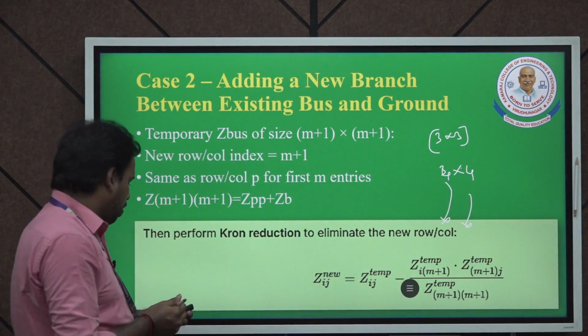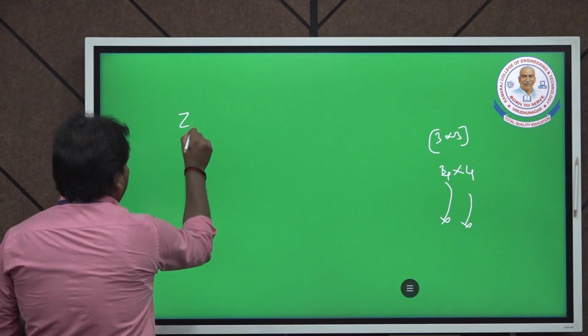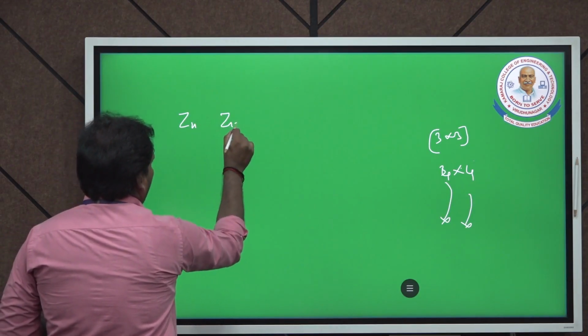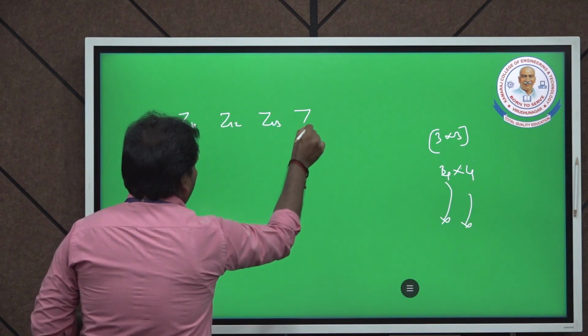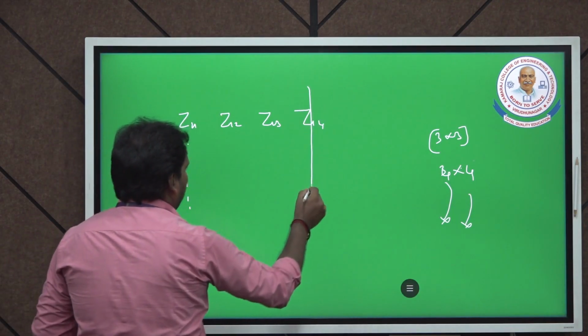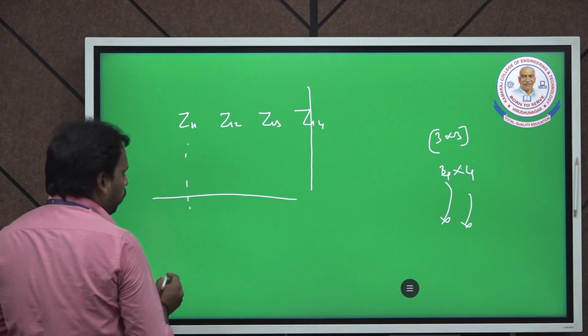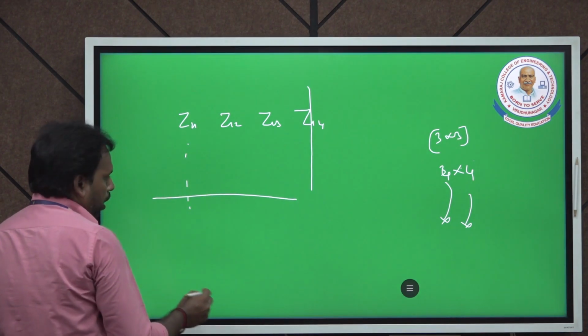That means, if the Zbus is Z11, Z12, Z13, Z14, and likewise it goes, I am going to eliminate the fourth column and fourth row, so we have to use the equation.